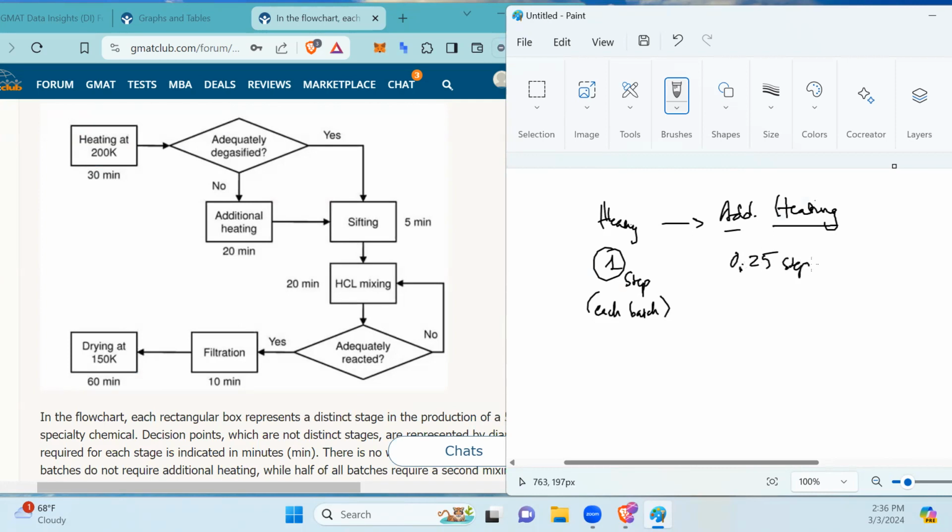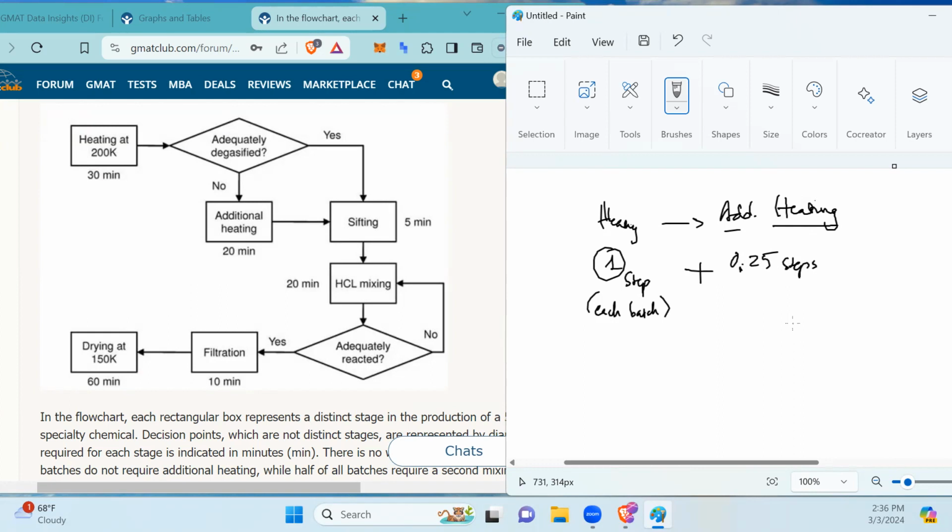Yes, because additional heating itself is 1 step, but only 1/4, or one batch, needs this additional heating step. So we divide that by 4. So it adds another 0.25 steps, for a total of 1.25 steps per batch so far.